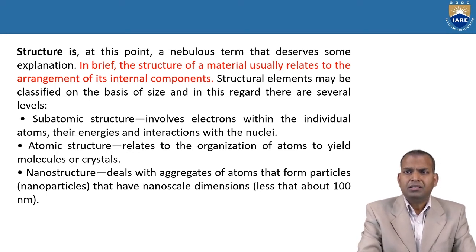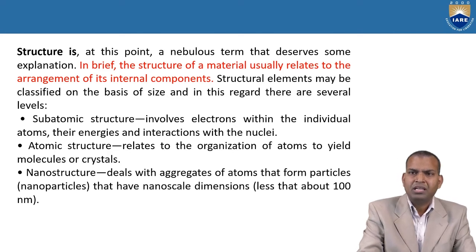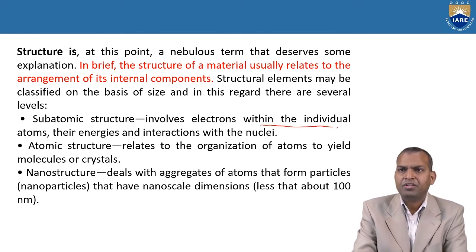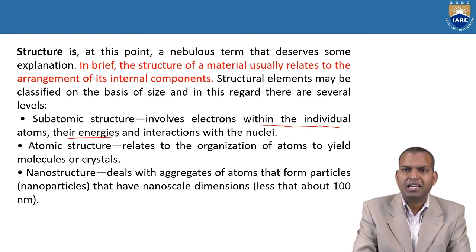Structural elements may be classified based on size, and in this regard there are several levels. Subatomic structure: what is it? It involves electrons within the individual atoms, their energies and interactions with the nuclei.